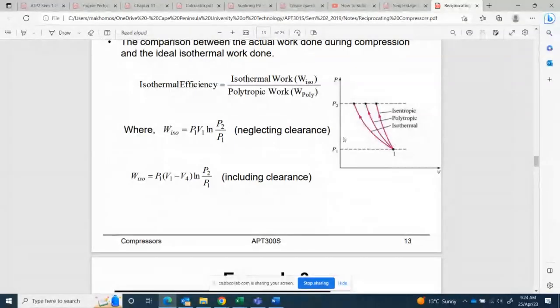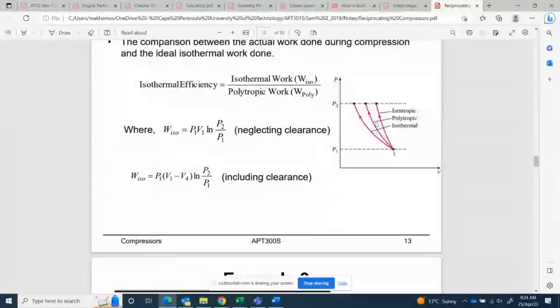But the problem with isothermal is that on paper, yes, you can compress air isothermally in such a way that the temperature before compression is the same as the temperature after compression. But practically, it is impossible. So because it is practically impossible to compress isothermally, we use the closest one.